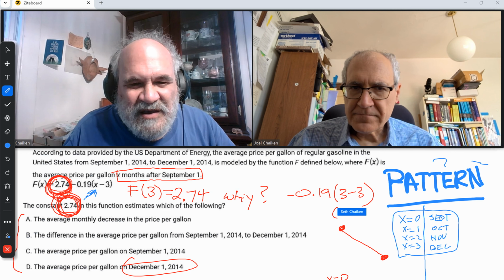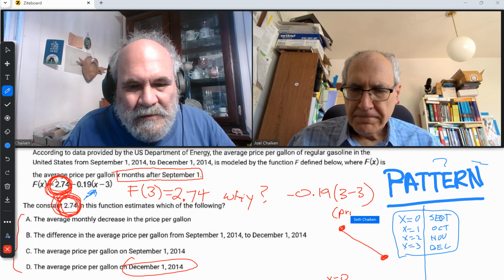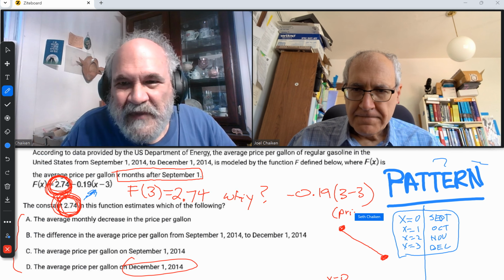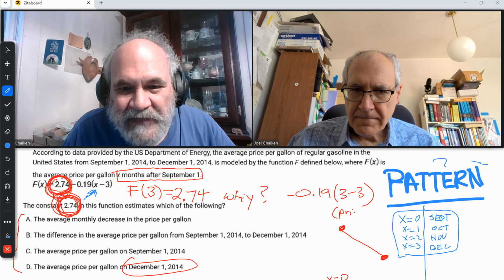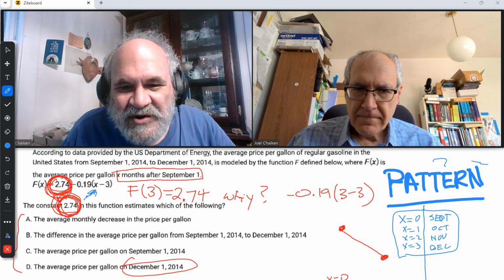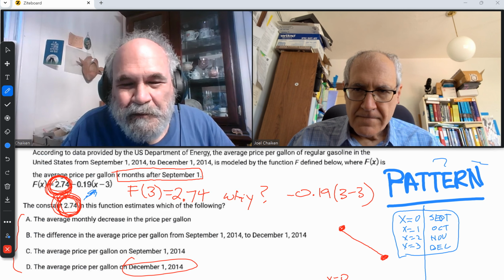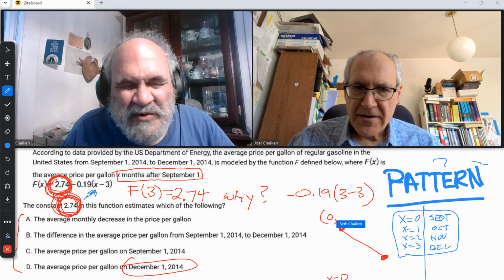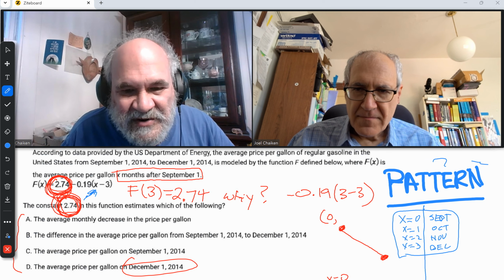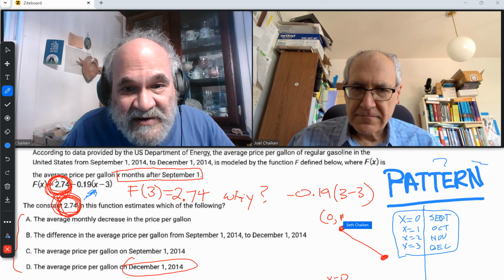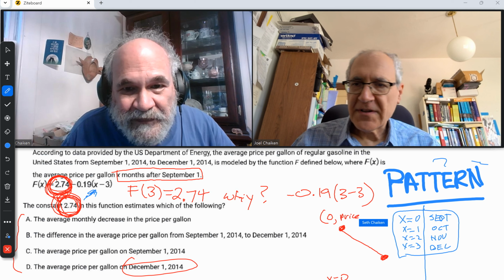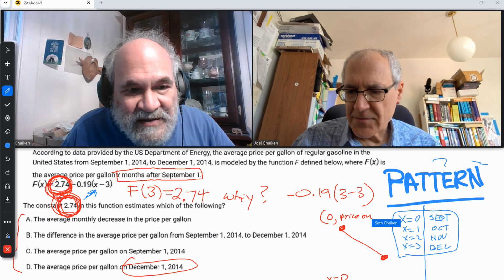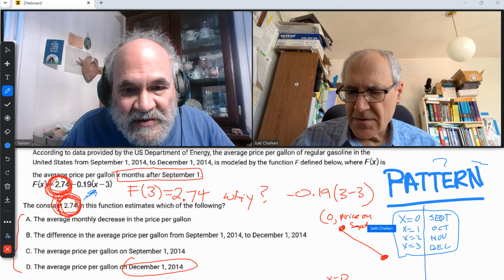So it's price. Interpolating, it's interpolating between x equals 0, which is the number of months after September 1st, and the price on September 1st.